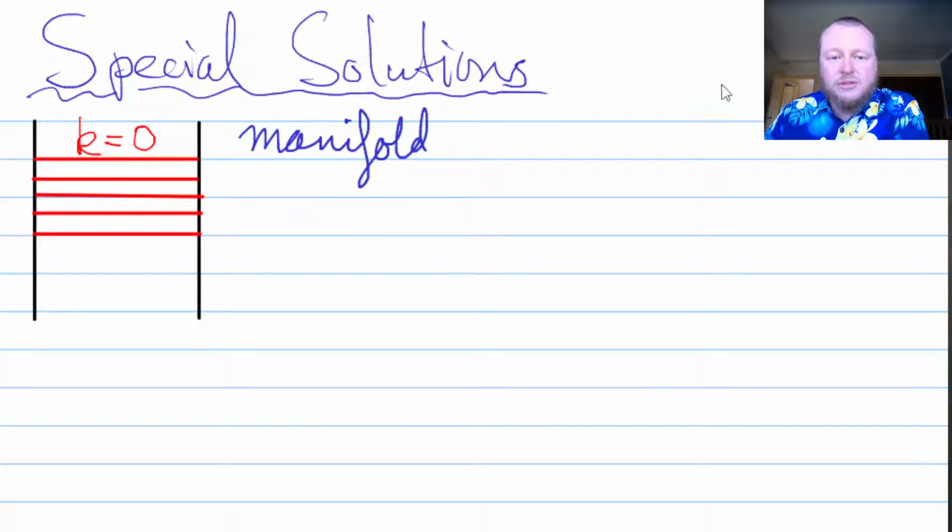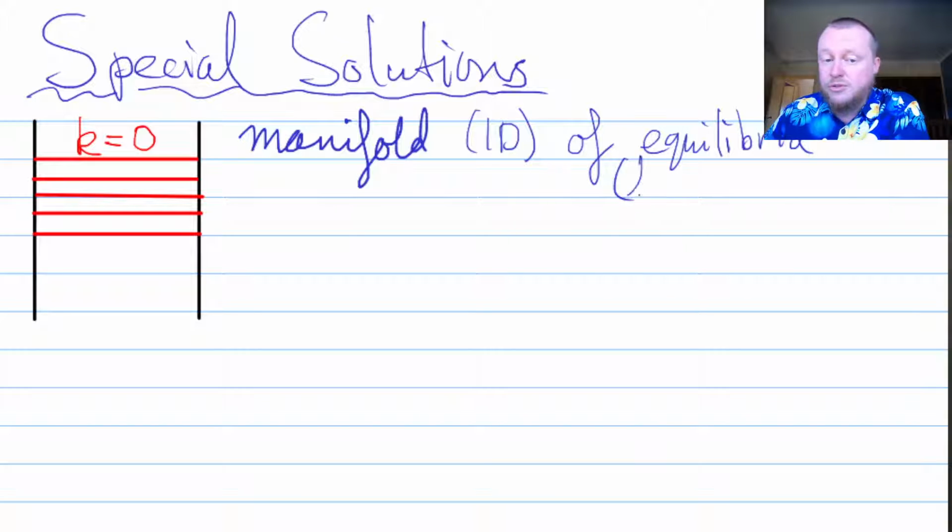So it's a manifold, one-dimensional, because there's only one degree of freedom of equilibria or horizontal lines. Let's call them equilibria, and I'll put in brackets horizontal lines. Okay.